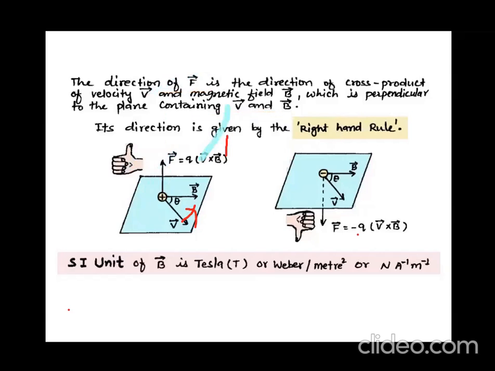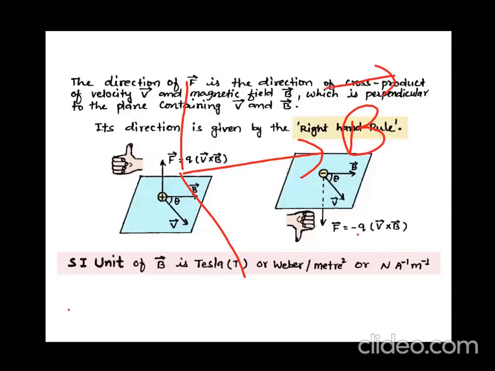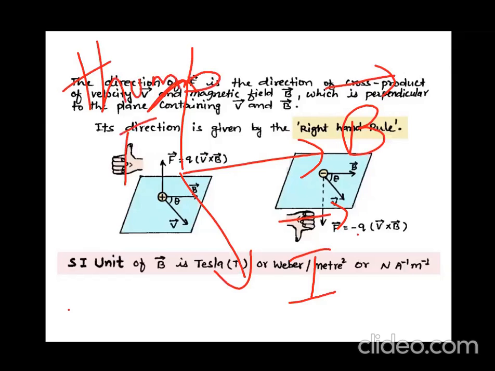Let me explain the other rule, that is Fleming's left hand rule. By Fleming's left hand rule, if the first finger points in the direction of magnetic field and the middle finger points in the direction of current, then the thumb gives you the direction of force.